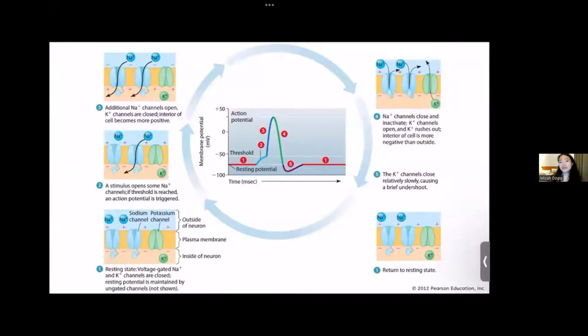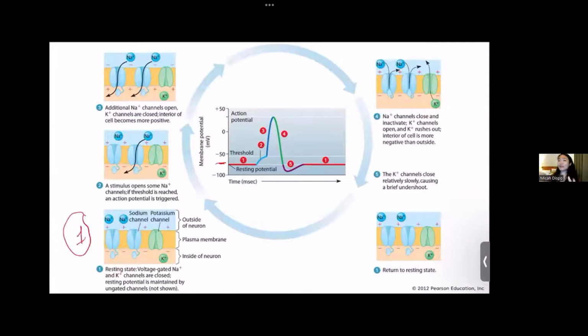Okay. So the figure in this next slide summarizes the transmission of nerve signals. Let's see this first step, step 1. Here we have the cell at resting potential, again at around negative 70 millivolts. It is important to note that the cell membrane of our neuron contains many types of channels.